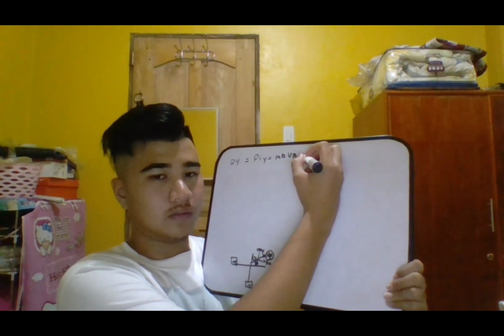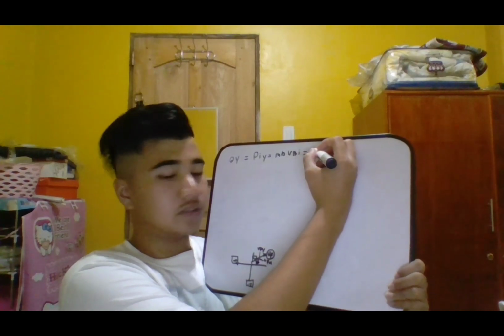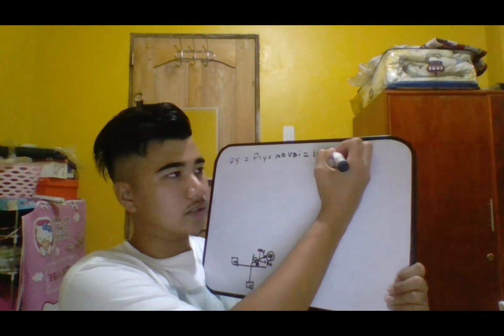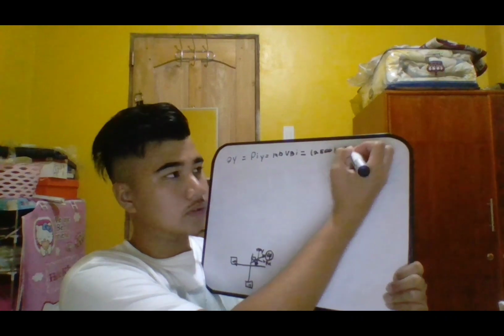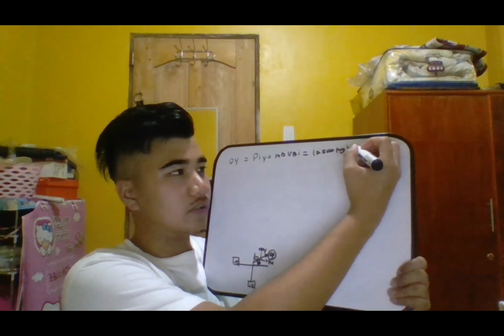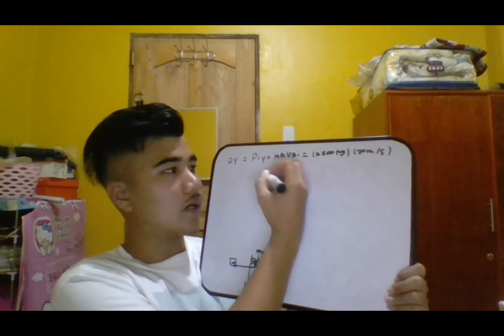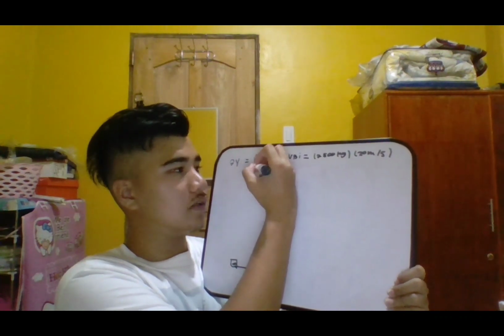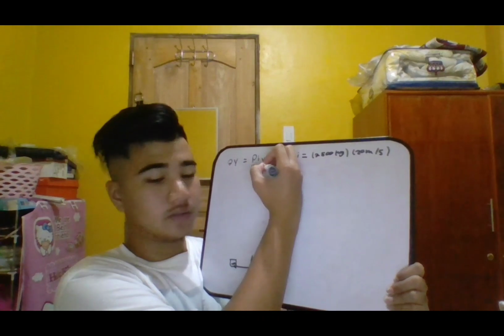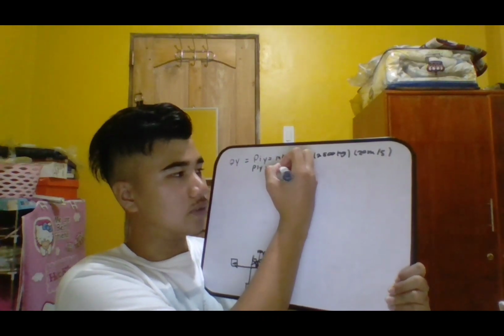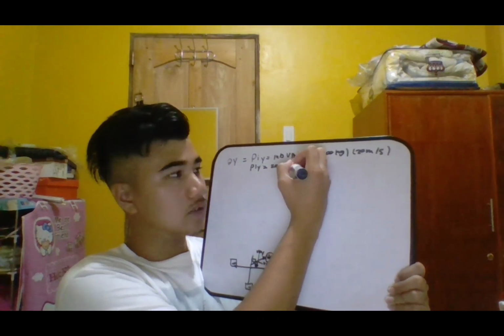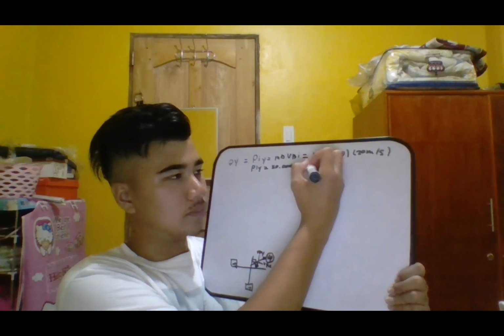Ang mass ni B is 2,500 kilogram. Ang kanyang velocity initial is 20 meter per second. By calculating, ang initial momentum at y is equal sa 50,000 kilogram meter per second.